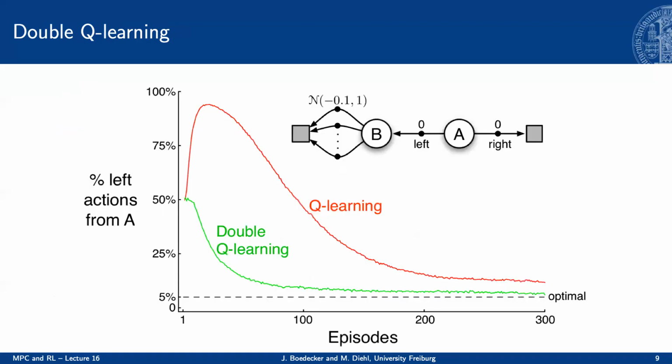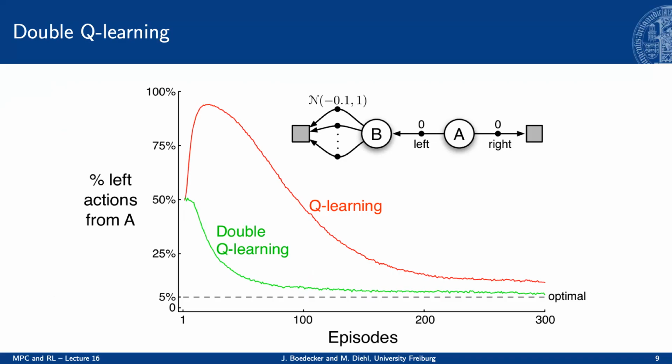what happens? Maybe I just go here and then I go back. What happens if we apply Q-learning is that if we look at the percentage of left actions, the worst action, from the state A, when we apply Q-learning to this little MDP, is that at first, the Q-learning will rapidly increase the percentage of left actions chosen from this state, because it gets overconfident.